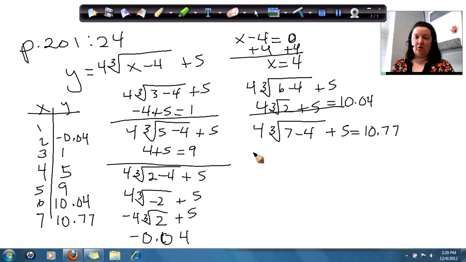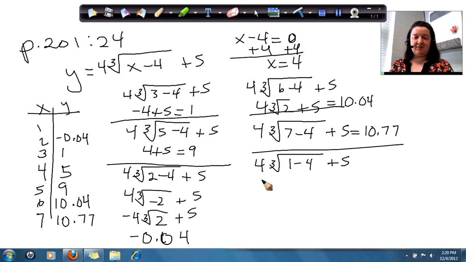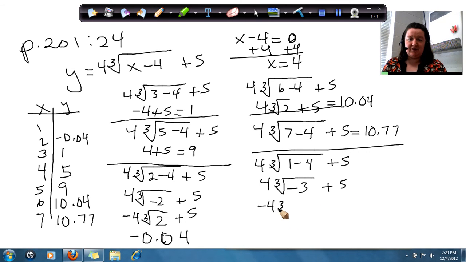Now let's plug in a 1. If I do 4 third root of 1 minus 4 plus 5, that's 4 third root of a negative 3 plus 5. We want to pull that negative 1 out because we can't use our calculator to do that. So let's do the third root of 3, which is 1.44.